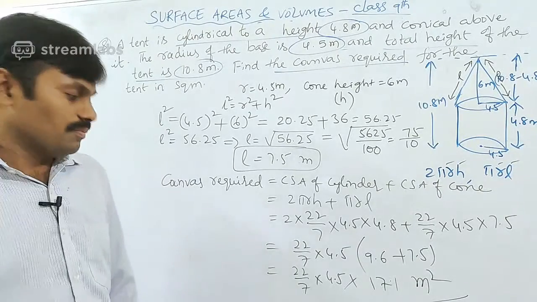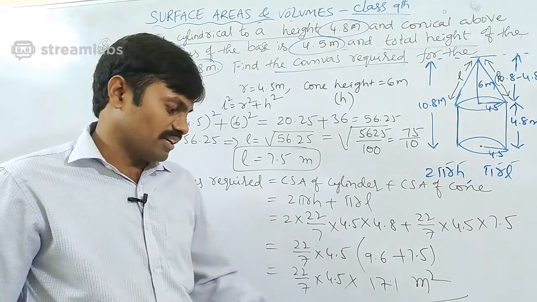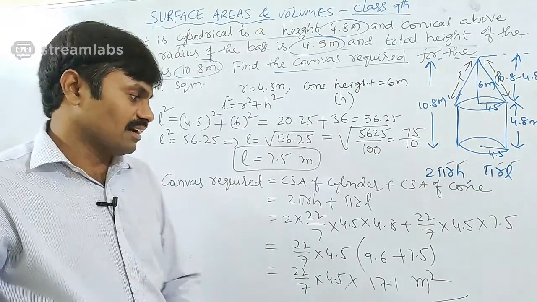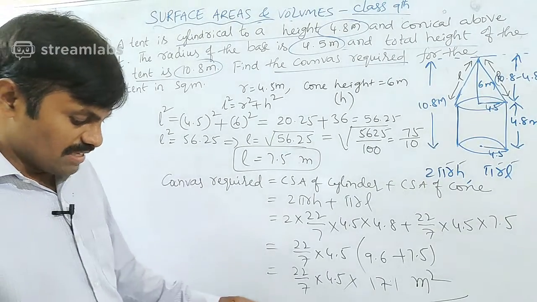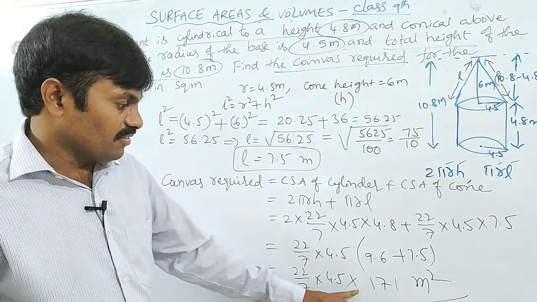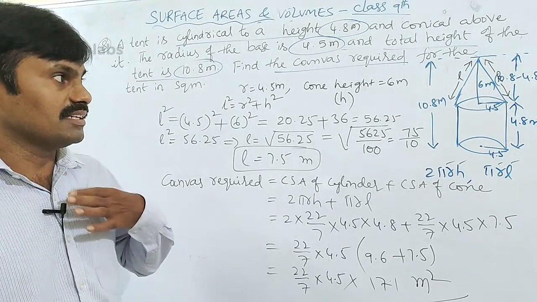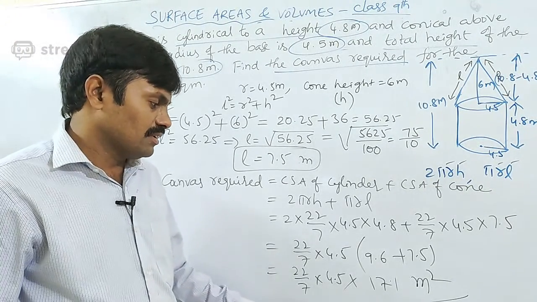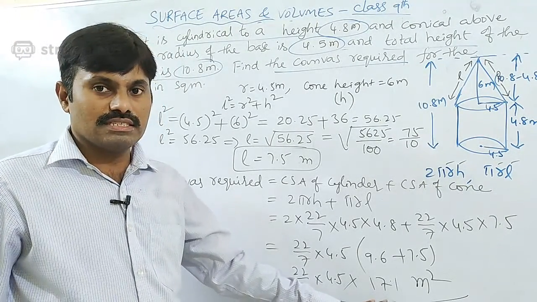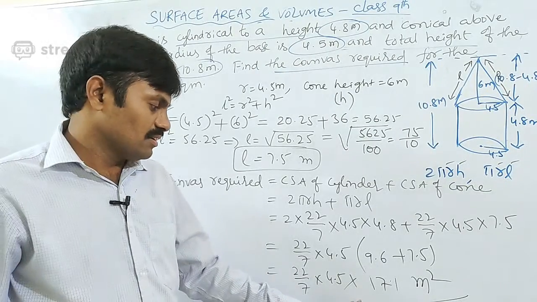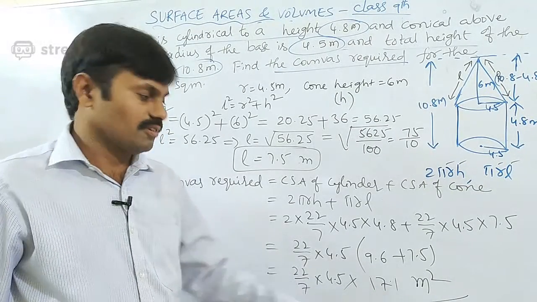So if you find the product of these three, 22 by 7, 4.5 and 17.1, we will get the answer.